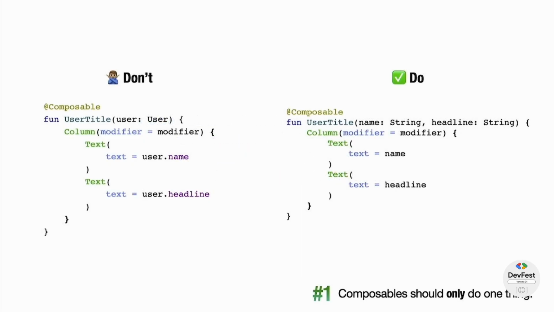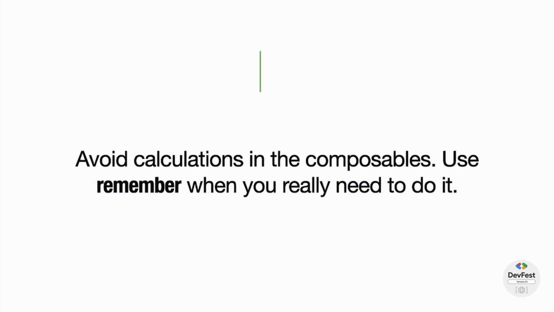Before, we used to pass the whole object because we were using all the properties inside of that object. But now we added a third property that we are not using in this composable. So it's better to only pass what the composable needs, to avoid issues with recomposition and also to keep the code clearer, so it expresses itself. So this is the first tip, right?